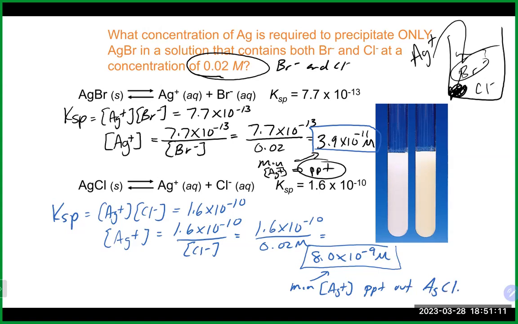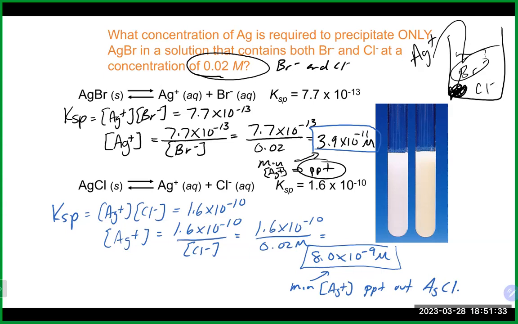Is that number larger or smaller than the amount of silver needed for bromide? That number is larger, yes? So if I take the silver concentration and get it to 3.9 times 10 to the minus 11, I should start to see some white solid come out.